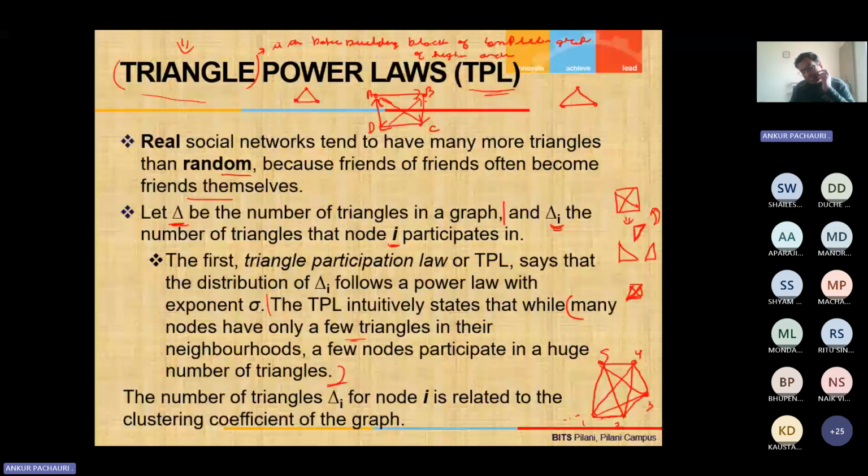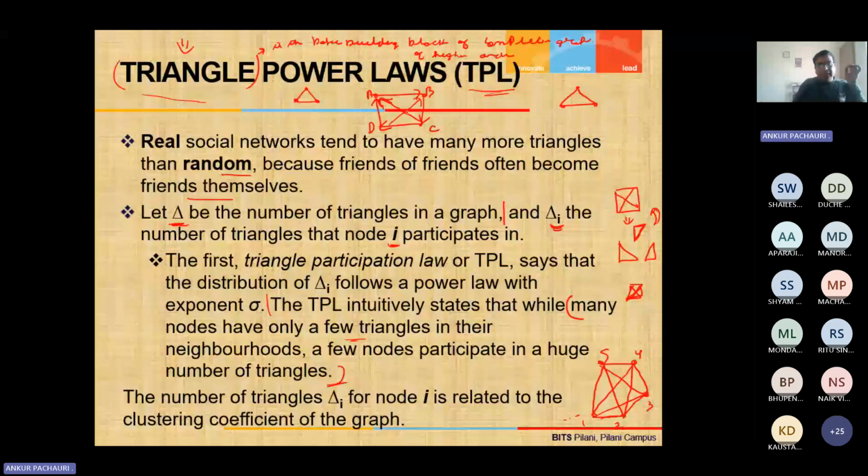In that case, by default, I was talking about the underlying undirected graph, because computation of triangles is easy in an undirected graph. For a directed graph, if this is my scenario, then ABC is one triangle. Then BCD, if the direction is this way, can be one triangle.